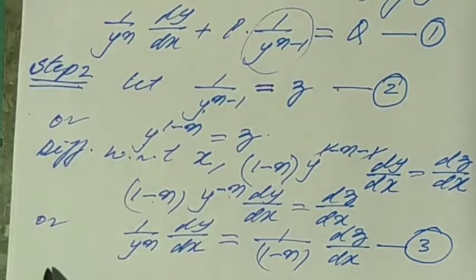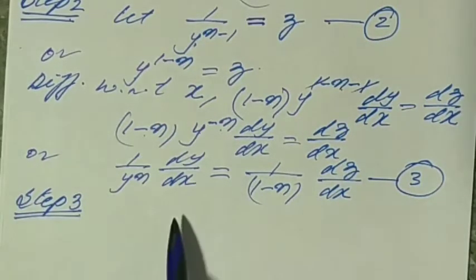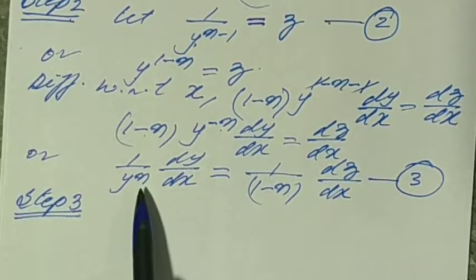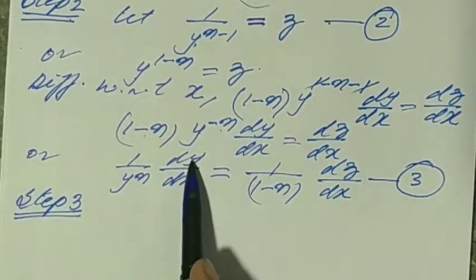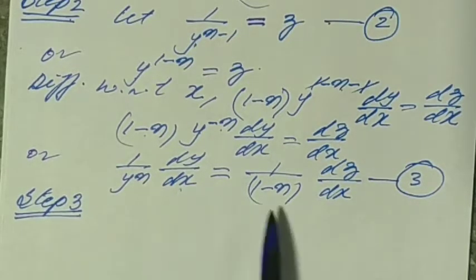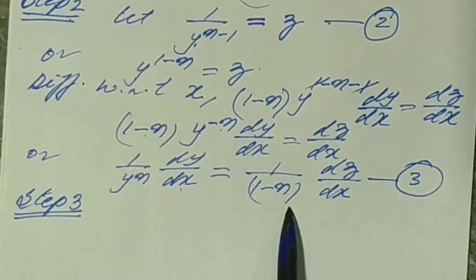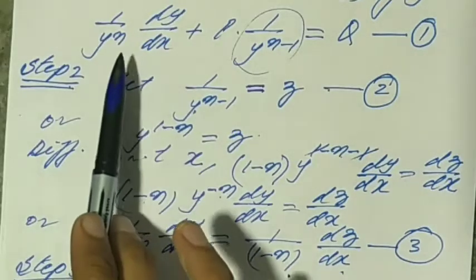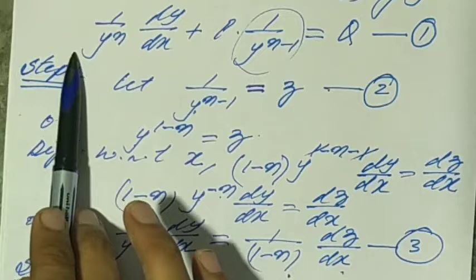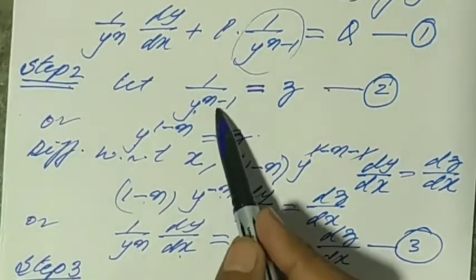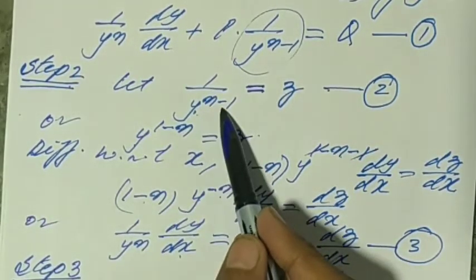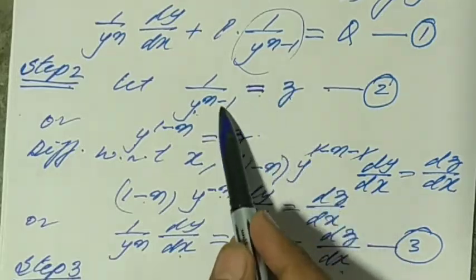Now step 3. In step 3, we have to replace 1/y^n dy/dx by this expression 1/(1 minus n) dz/dx in equation number 1, and we have to replace 1/y^n as z because we have assumed in equation number 2.